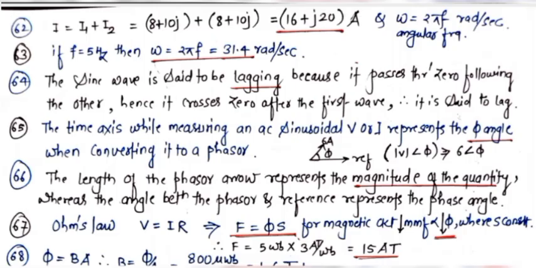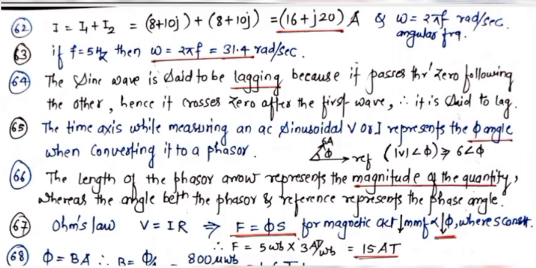This sine wave is said to be lagging because it passes through zero following the other. Hence, it crosses zero after the first wave. Therefore, it is said to lag. The time axis while measuring an AC sinusoidal voltage or current represents the phase angle when converting it into a phasor, that is magnitude and angle, phase angle.